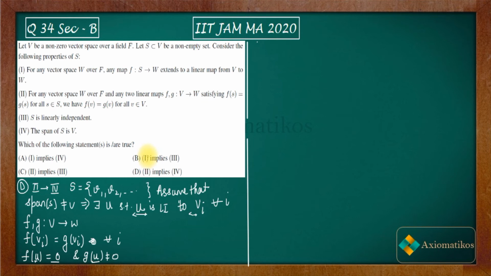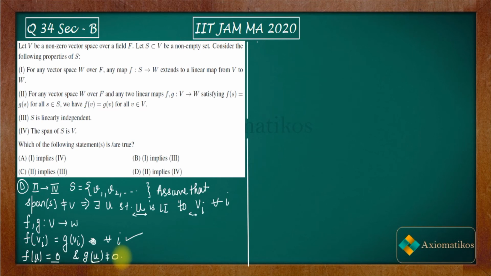So what we have done so far, I will again explain. What is given to us is that we need F and G which will agree on S. So we have taken it. Now what I am doing is mapping F(U) to 0 and G(U) to a non-zero number.